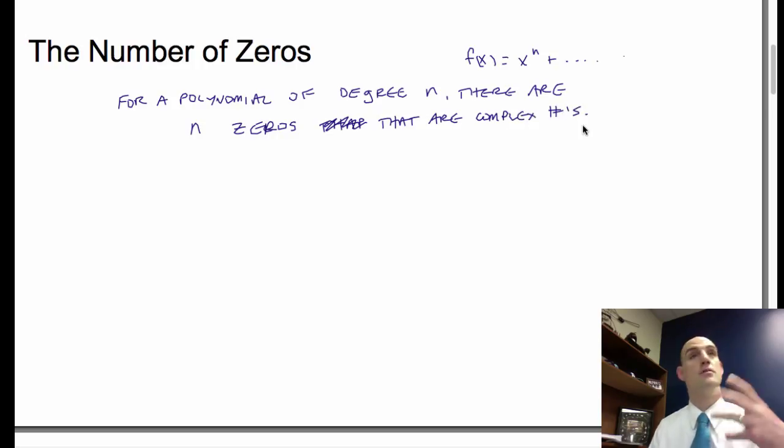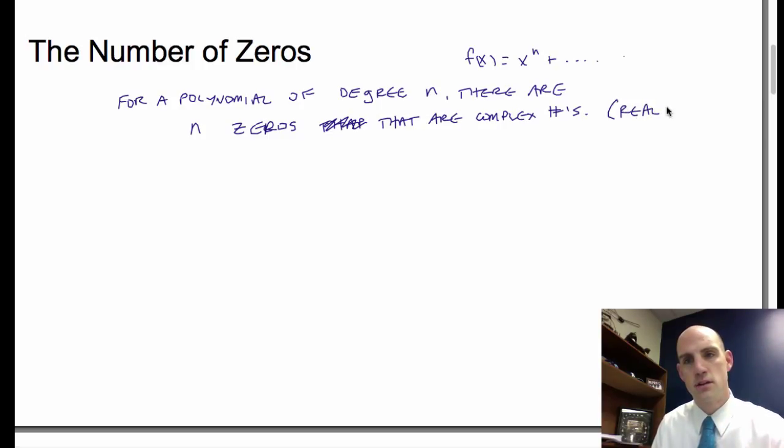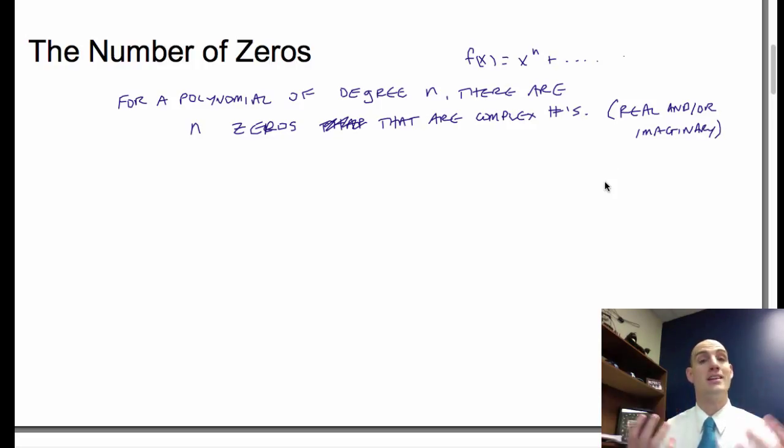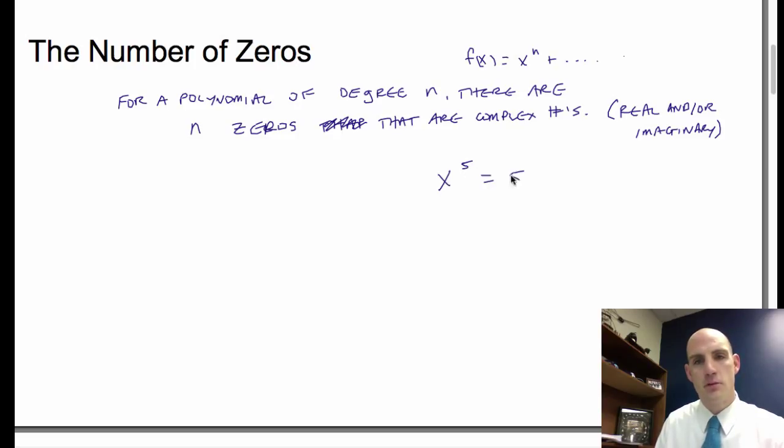So this could be where you've got 3 plus 0i, so it could be just a real number, or it could be an imaginary number. So that's real and/or imaginary. Okay, so we know we're looking for n zeros. So if it's x to the fifth, that equals 5 zeros.